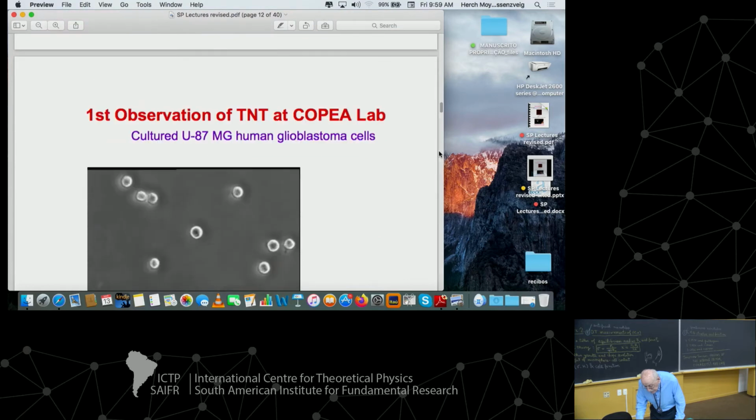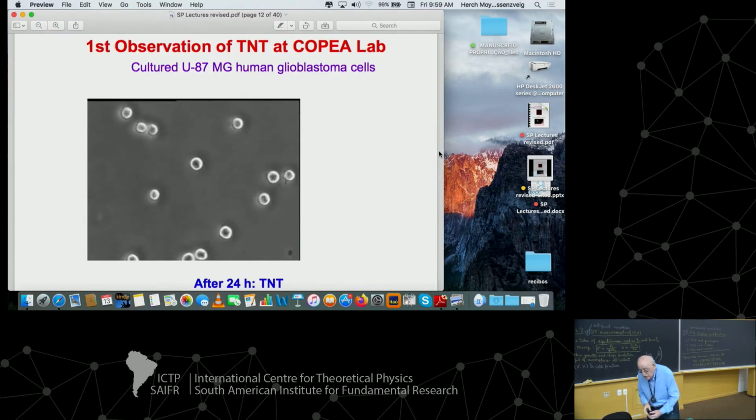Now, in our lab, I show you our first observation of these TNTs. What we used was a brain tumor, which produces glioblastoma cells, that were cultured, U87MG.